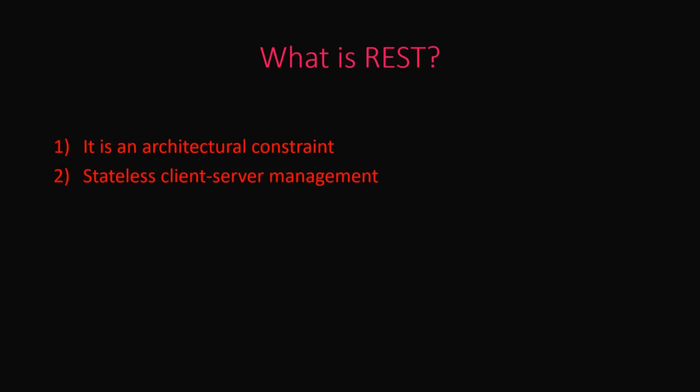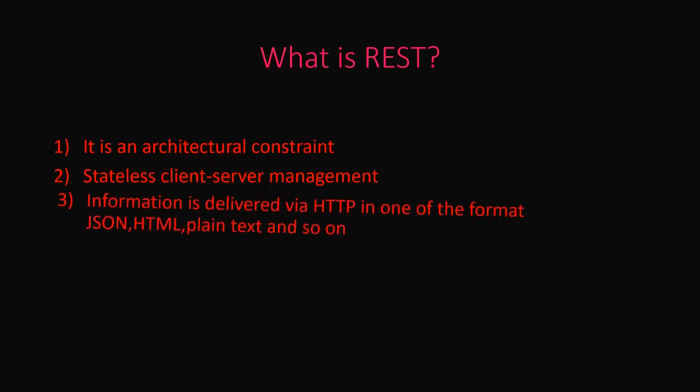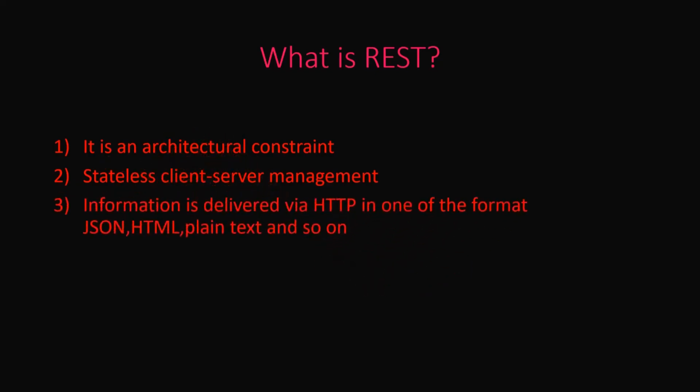What this means is that the server does not store any state pertaining to a client, and all the requests that are made to the server are independent and unconnected with each other. REST APIs, when called via the HTTP protocol, will fetch the data in either JSON, HTML, plain text, and so on.